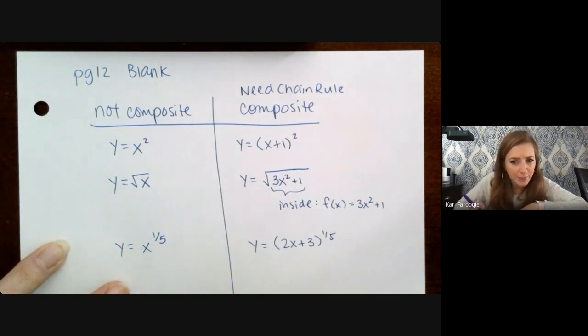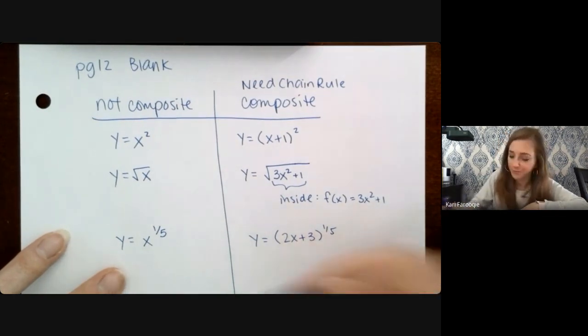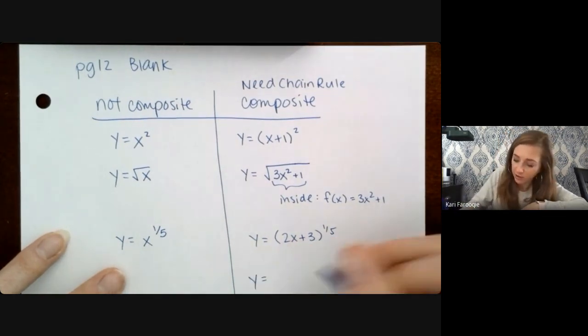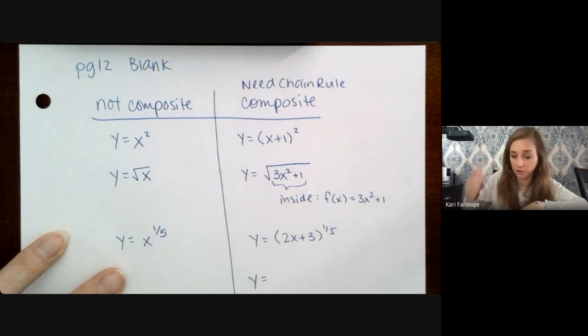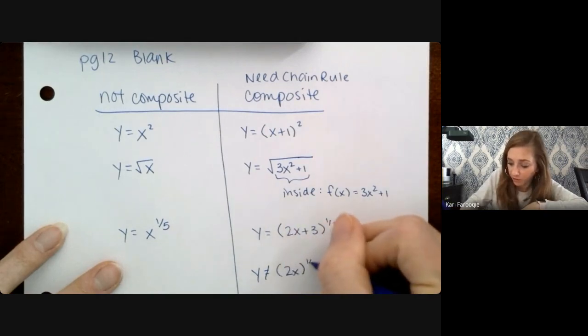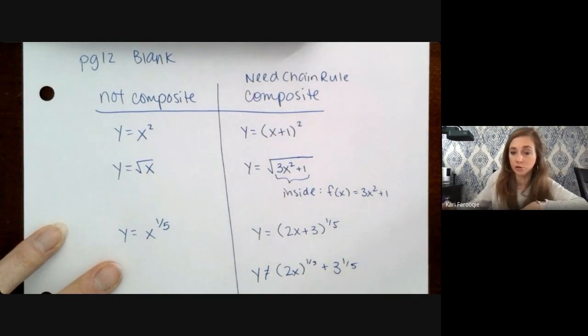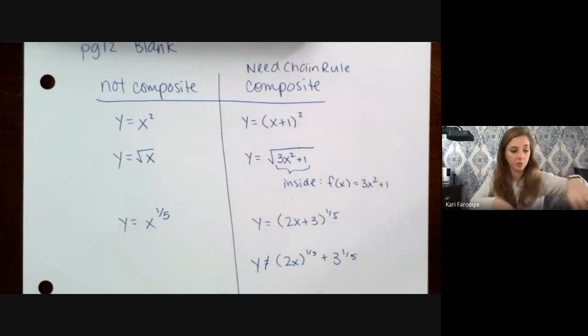That being said, let me remind you, and I know I get very upset about this stuff, but I just want to remind you that y equals 2x plus 3 to the 1/5 power does not equal 2x to the 1/5 plus 3 to the 1/5. You cannot distribute the exponent.